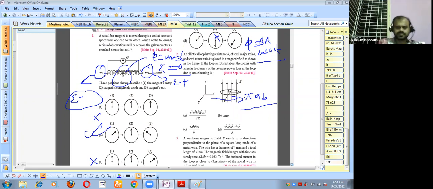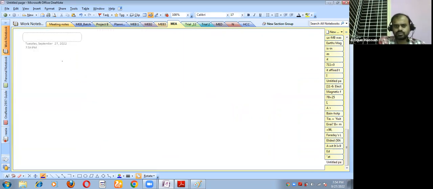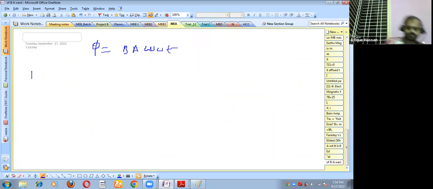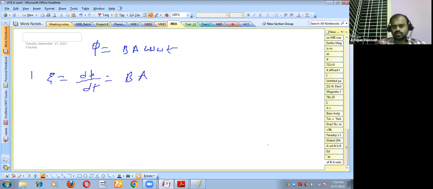Let us see. So what we have to do? First we will calculate phi. Phi is BA cos omega t. Then we will calculate EMF. EMF is d phi by dt. We'll get it as BA, and the area we will put in later, and d by dt of cos omega t.